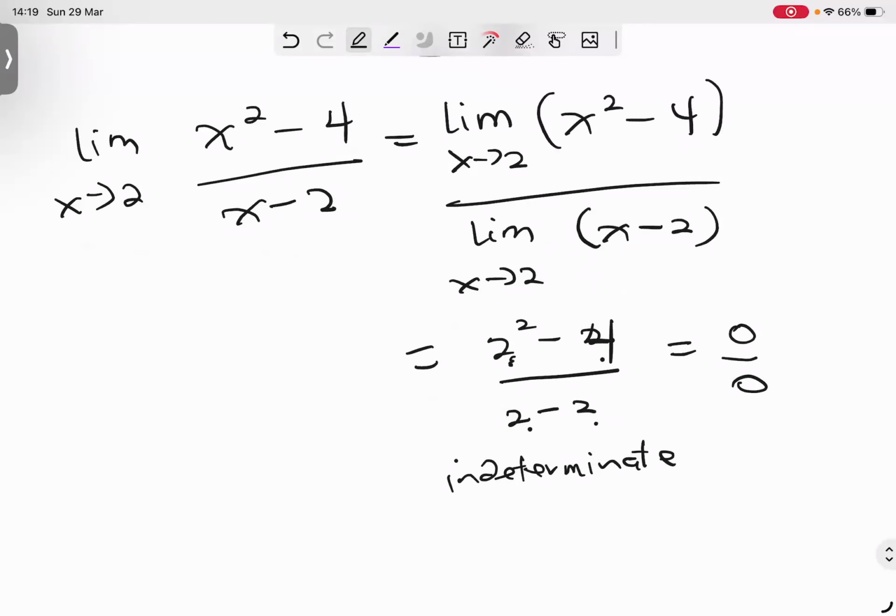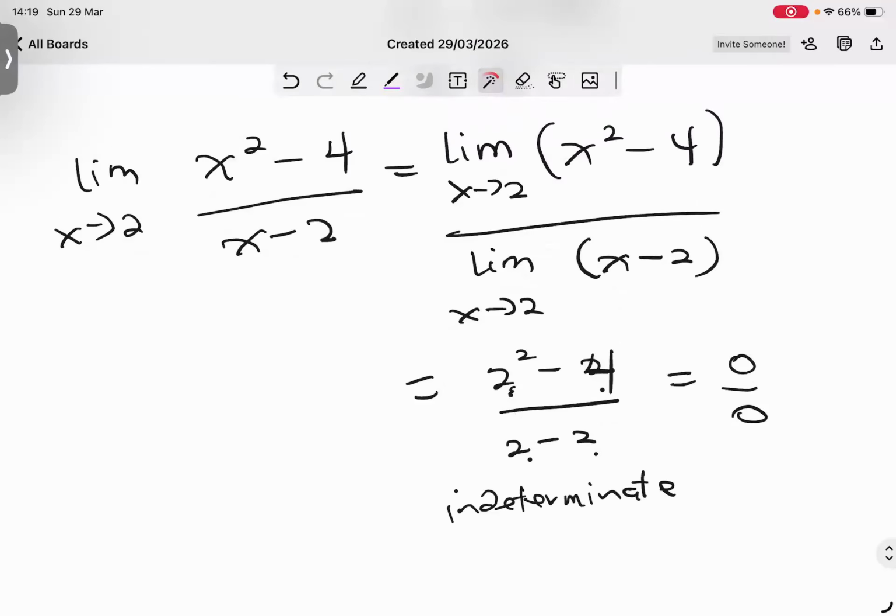Now, once we have indeterminate, it means that we need to go back to the function and simplify it. The technique we use depends on the type of function we have. If the function in both numerator and denominator is a polynomial, we know that to simplify polynomials, we use factorization. Go to the denominator. What kind of function is it? It's a polynomial.